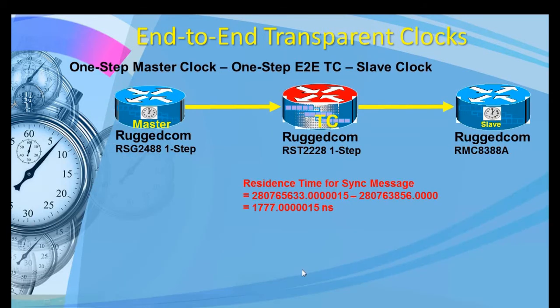So the sync message is forwarded and modified by the transparent clock in the middle. The residence time of the sync message, this value minus this value, is around 1.7 microseconds, which means the residence time on the transparent clock for the sync message is 1.777 microseconds.